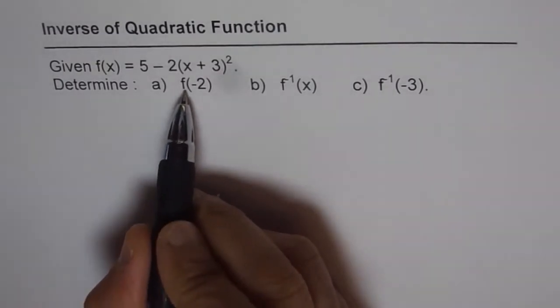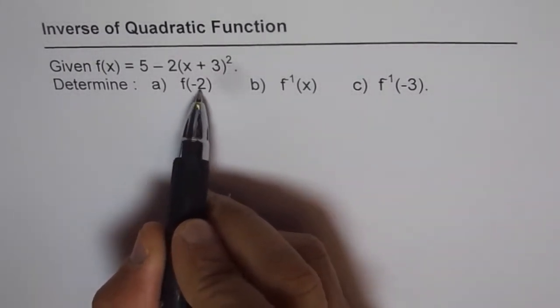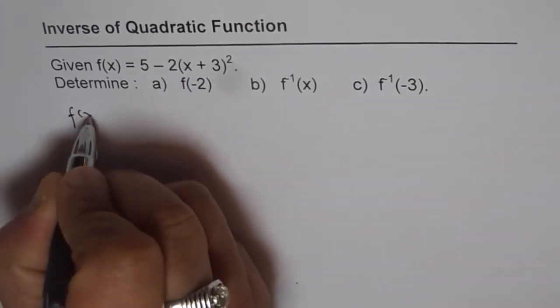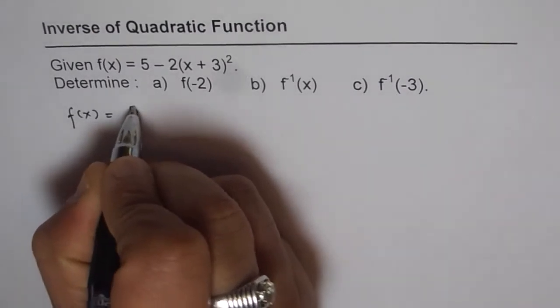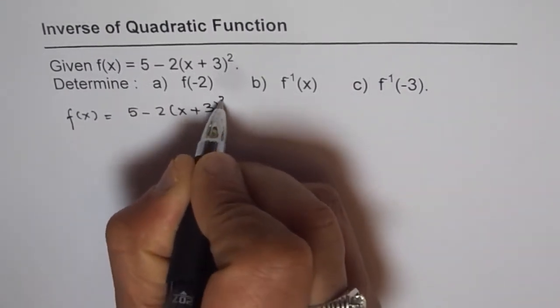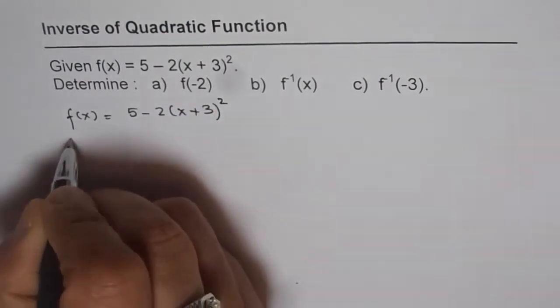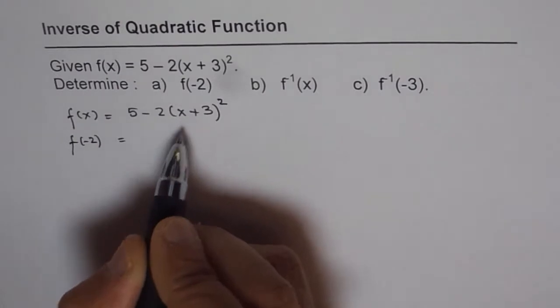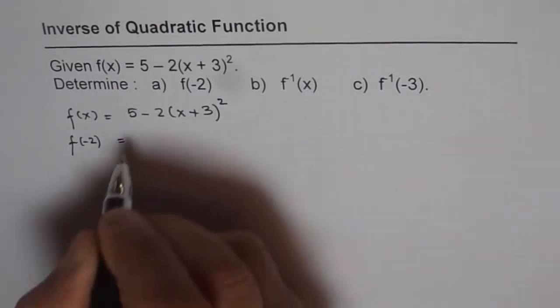First part is the value of the function at minus 2, f of minus 2. So f of x is given to us: f of x equals 5 minus 2 times (x plus 3) whole square. F of minus 2 really means that we have to substitute x as minus 2 and then evaluate the value.